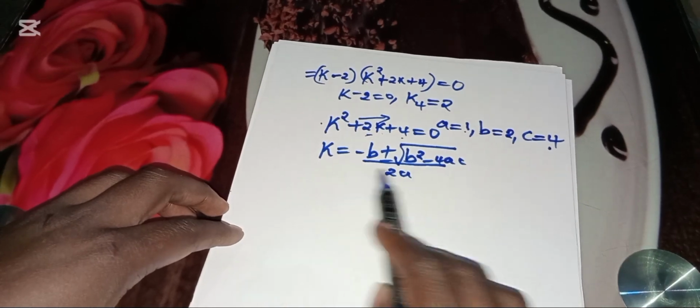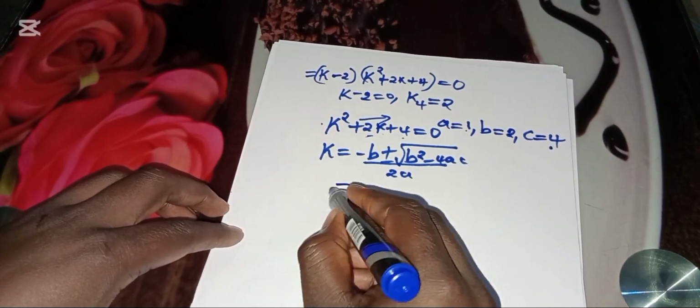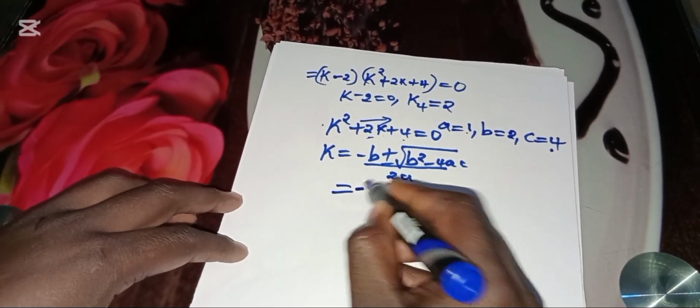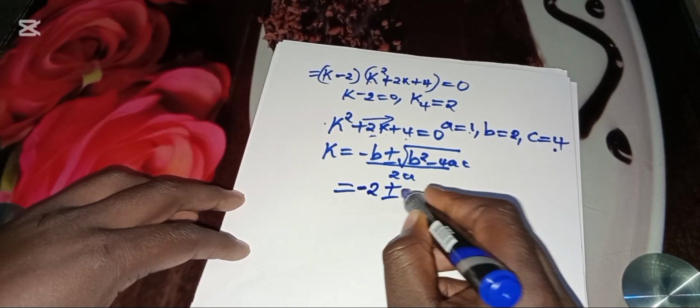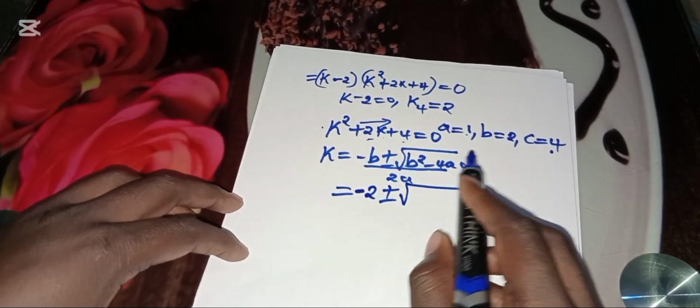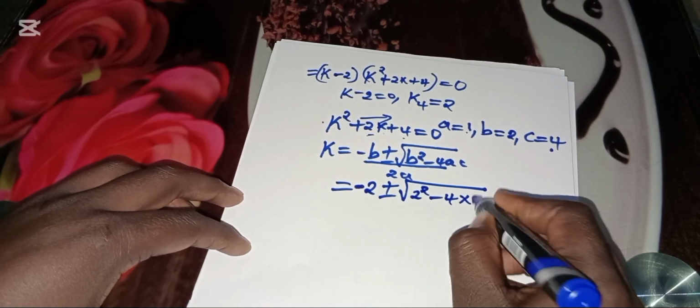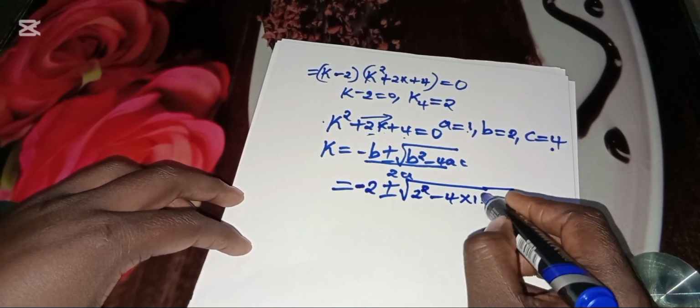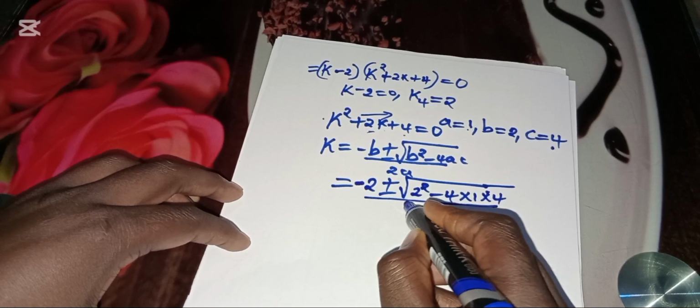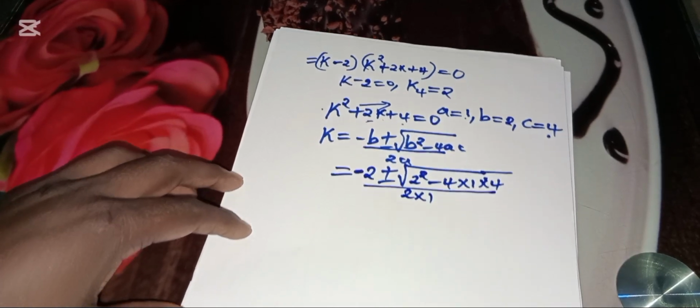So we substitute into the quadratic formula, so that we're going to have minus 2 plus or minus the square root of b squared, which is 2 squared, minus 4 times 1 times c, which is 4, divided by 2 times 1, which is 2a.